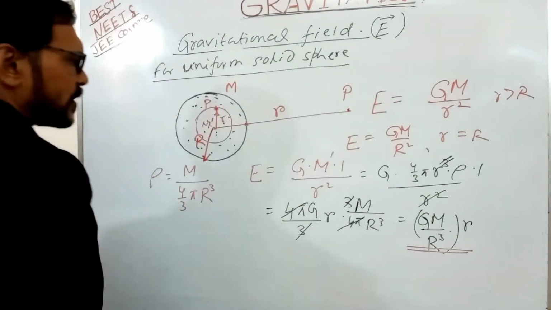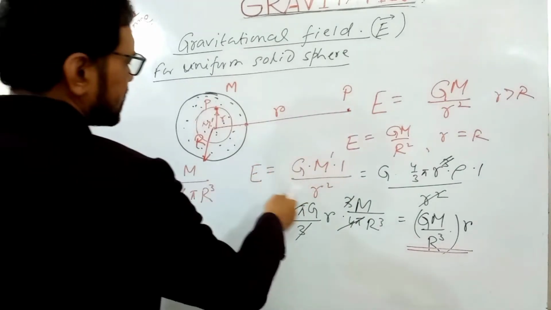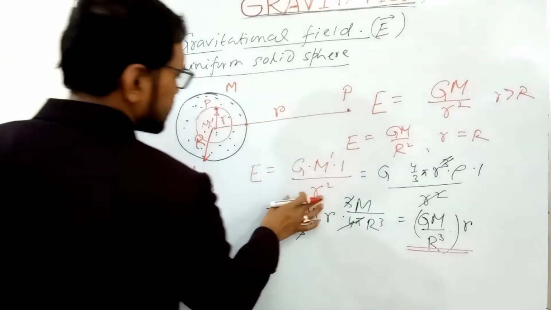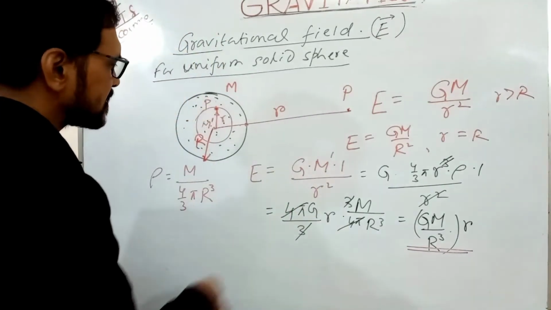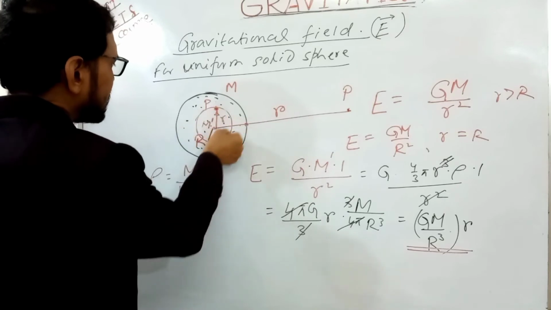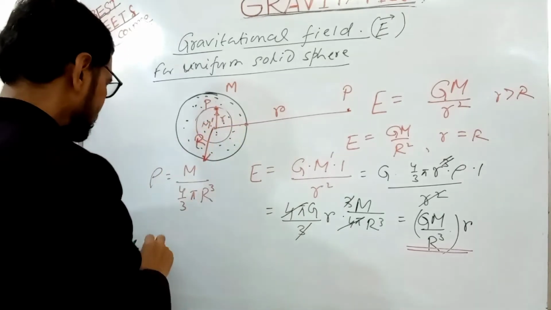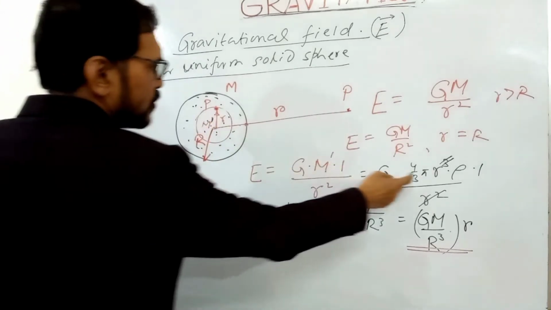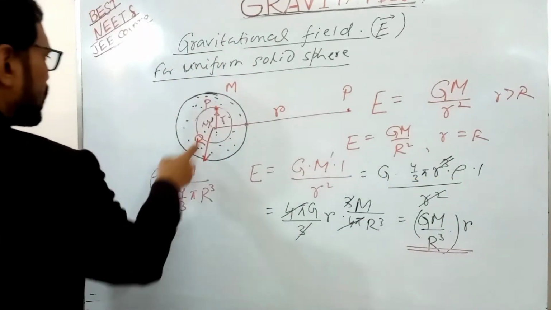If you cannot remember the formula, then you can derive the gravitational field by this method. Just consider the mass of the sphere of radius r, the mass of the sphere of radius r is M dash. So mass equals volume into density. Density equals what?